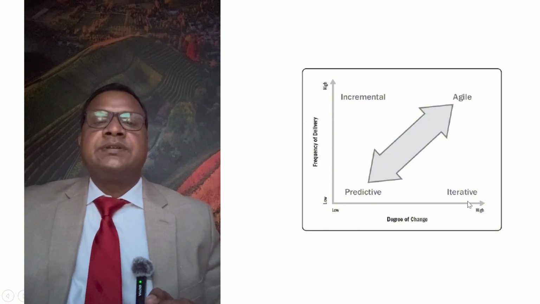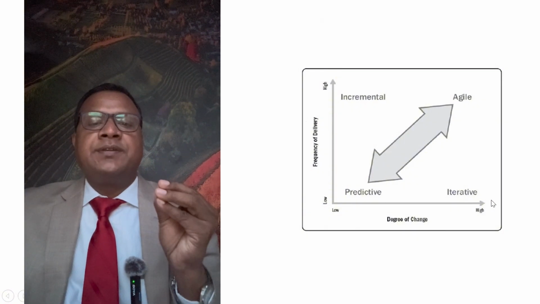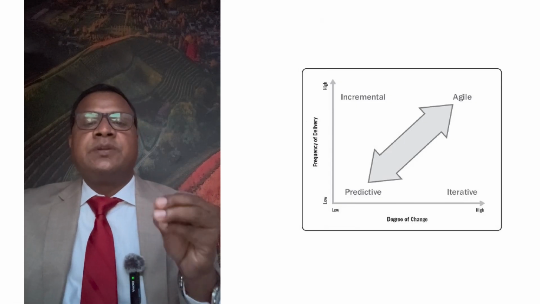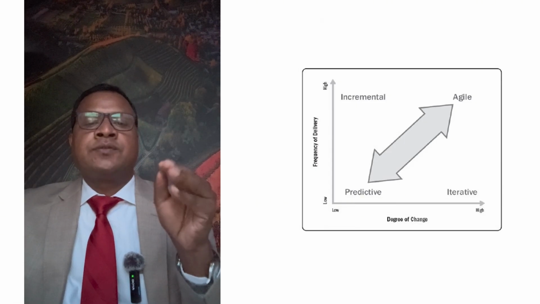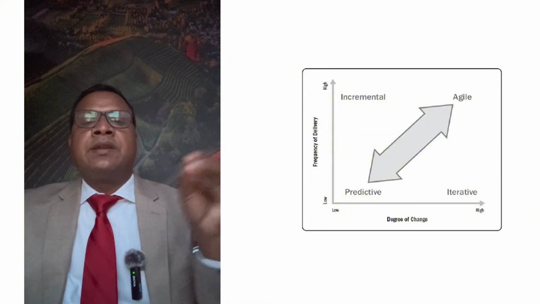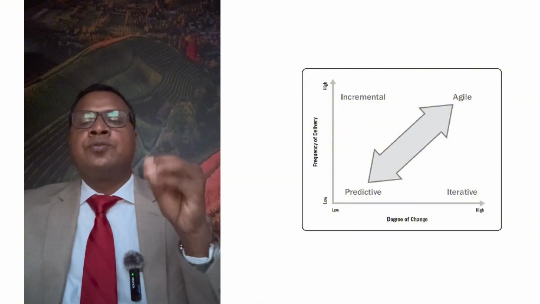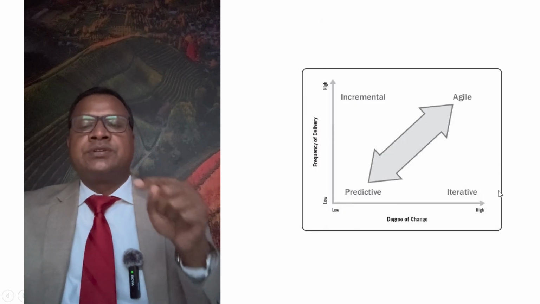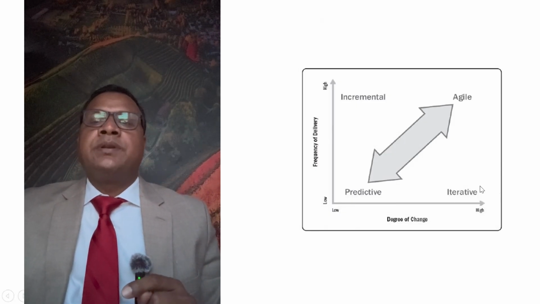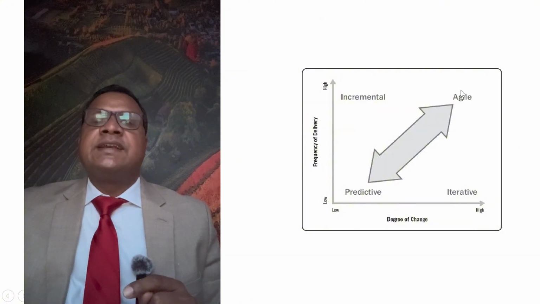In the iterative process, first you have an idea, then you get feedback from the audience, then you give another version of the product, then you get feedback again, and change again. Each time you can change it. That's why it's called an iterative process. When you have both incremental and iterative facilities, then we call it agile.